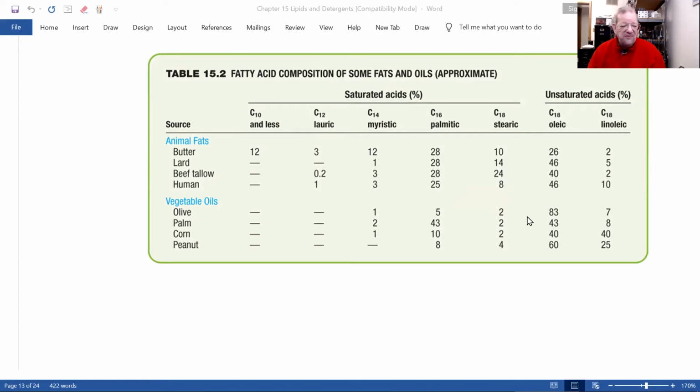Because notice olive oil has almost 90% unsaturated acids, which means the fat or oil in this case is mainly unsaturated. And that's a good thing for your body, we're told. And notice the oils have much more unsaturation in the fat, which when you hydrolyze it, you make these fatty acids, which we then analyze, and that's the difference.